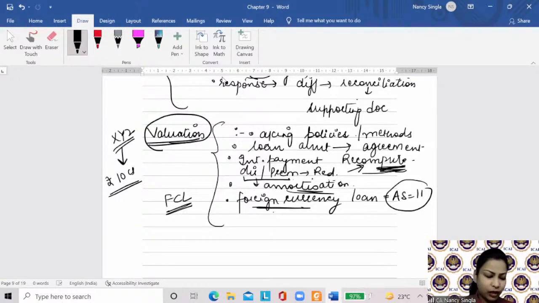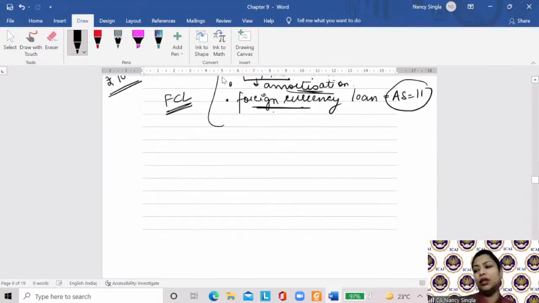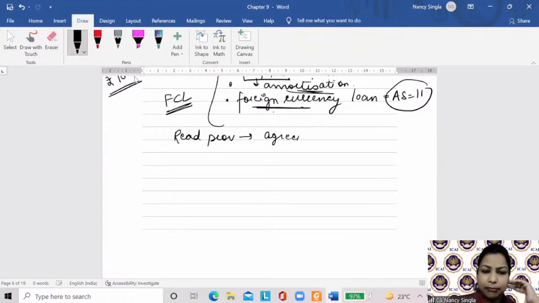Okay. Further, see, auditor, when he is verifying the borrowings, he can always read the provisions that are given in the agreement. Simple.